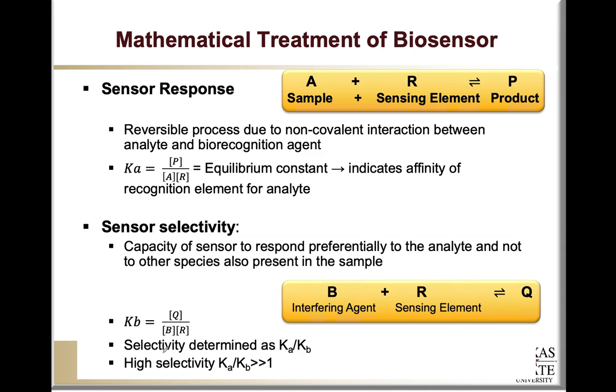Selectivity is defined as the ratio of Ka to Kb, and therefore a sensor that has high selectivity is going to have a ratio much greater than 1, indicating that we are much better able to bind to the analyte A than to the interfering agent B.